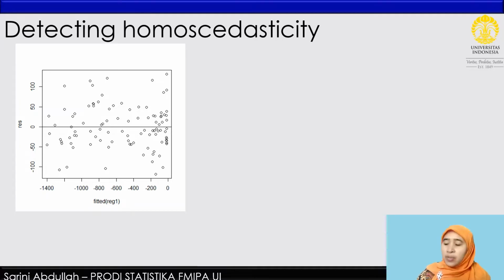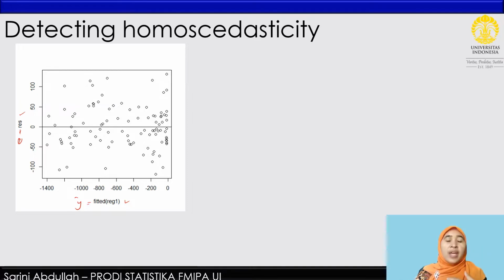Visually, we plot the residuals with respect to the fitted value, or the y cap. So this is our y cap, and this is our residual, that is the E in here. When we say that the variance of the residual is constant, it means that we want it to be equally distributed.